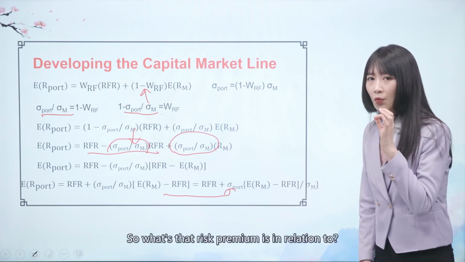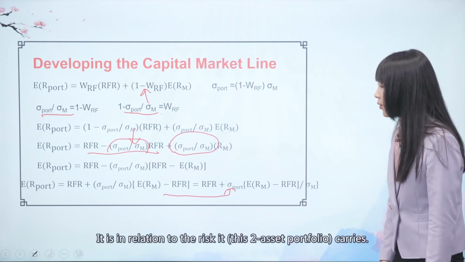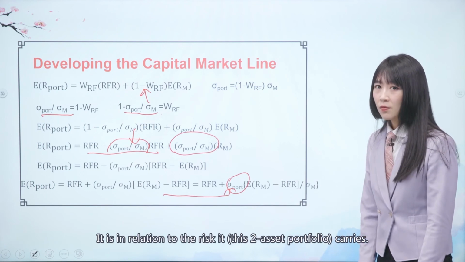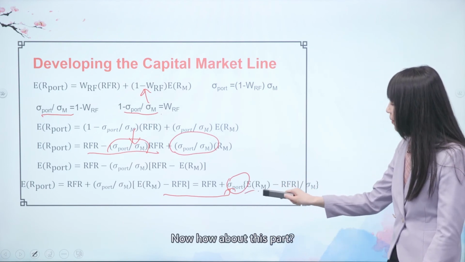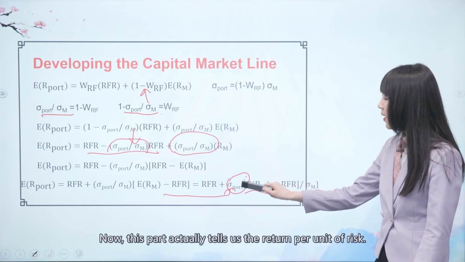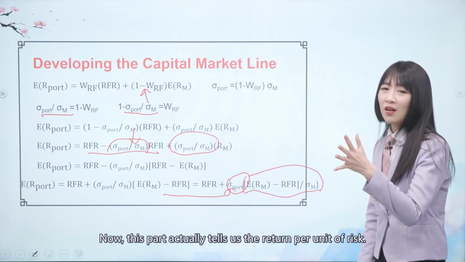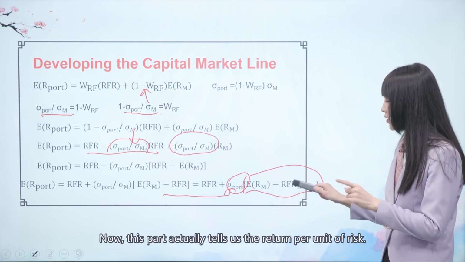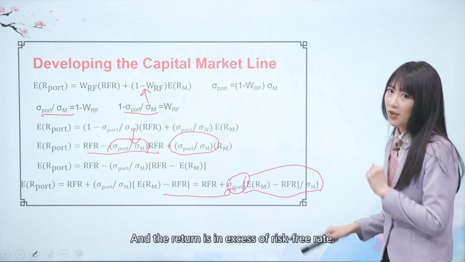So what is that risk premium in relation to? It is in relation to the risk it carries. Now, how about this part? I hope you can see that clearly in your slides. Now, this part actually tells us the return per unit of risk, and the return is in excess of the risk-free rate.